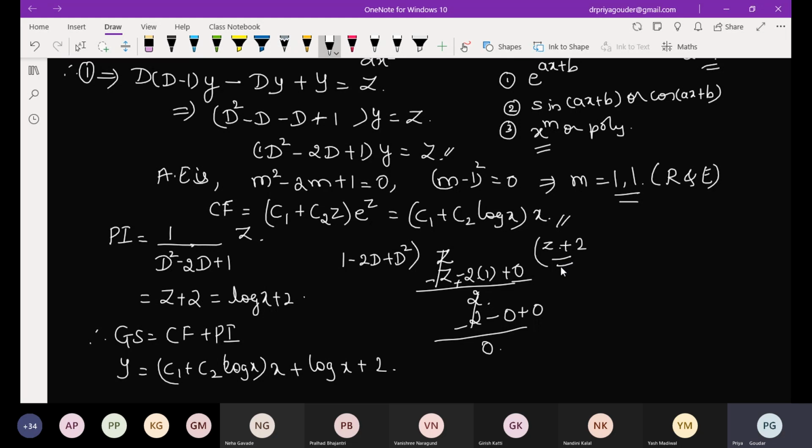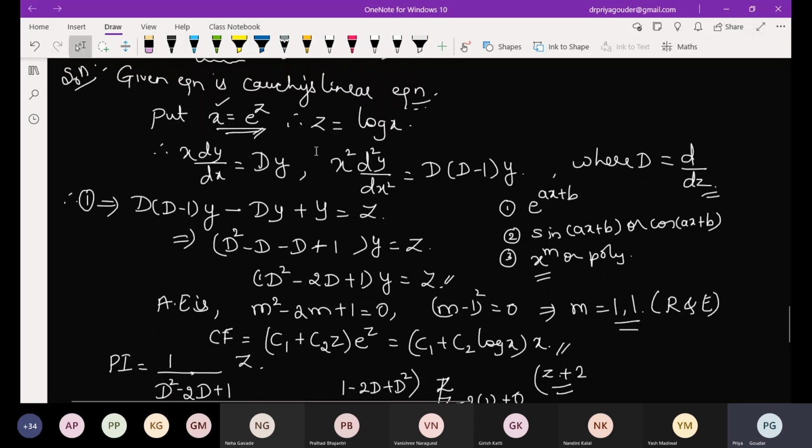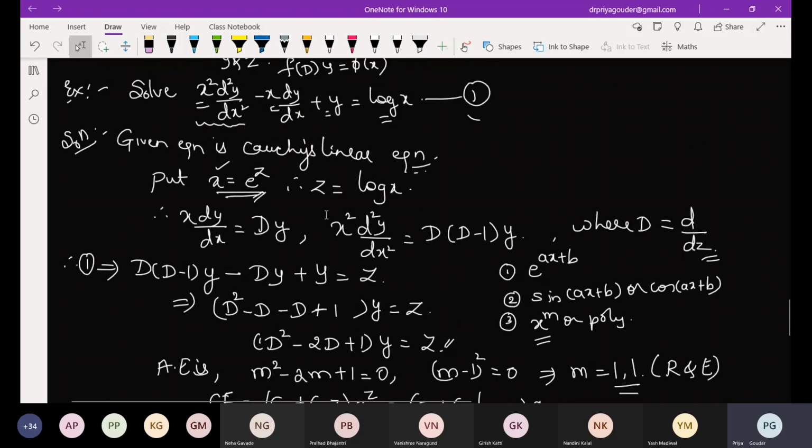Now, is this part clear? This is one of the simplest important examples. Any confusions? The substitution is fixed. First, you should confirm that it is Cauchy's, yes or no. Then all this substitution is fixed.